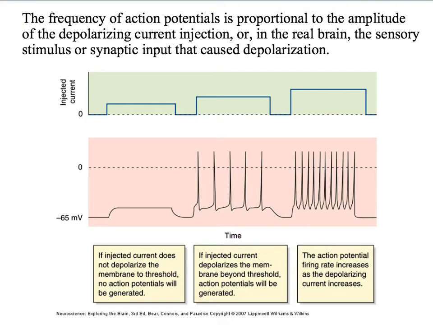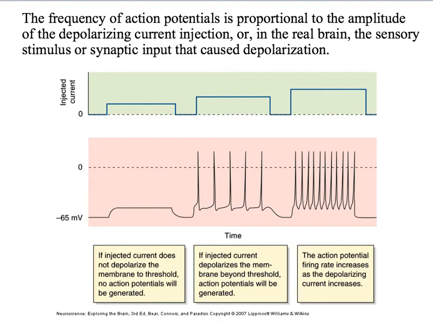So again, if the current does not depolarize the membrane, no action potential happens. A little bit, just reaching the threshold and action potential happens, goes to a certain amplitude. If you have a very big depolarization, you have same amplitude but more signal.